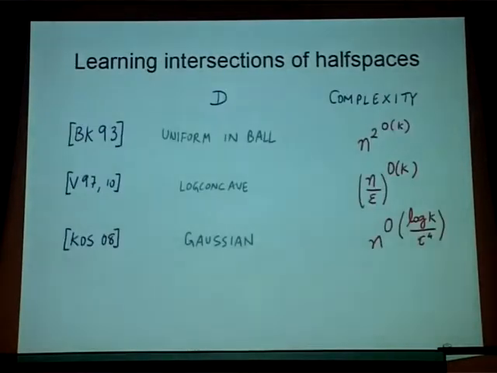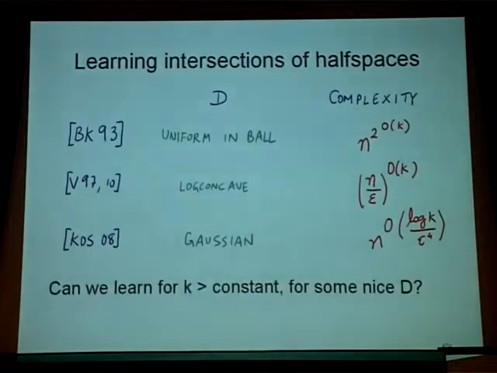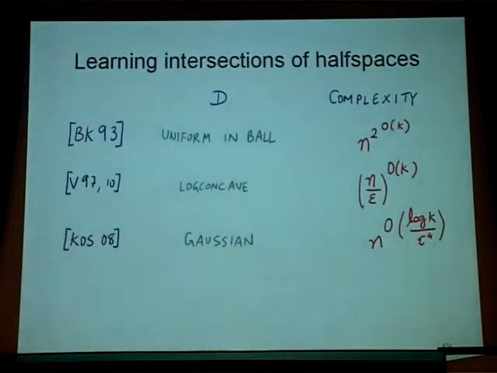Okay. Now if you go to k instead of 2, then for some special distributions there are some results. So if it's uniform in a ball, then Blum and Kannan, Avrim Blum and Ravi Kannan, give an algorithm that's polynomial for any fixed k, doubly exponential. And I had an algorithm for log concave distributions, so originally for nearly uniform and recently extended to log concave, which grows as a single exponential in k.